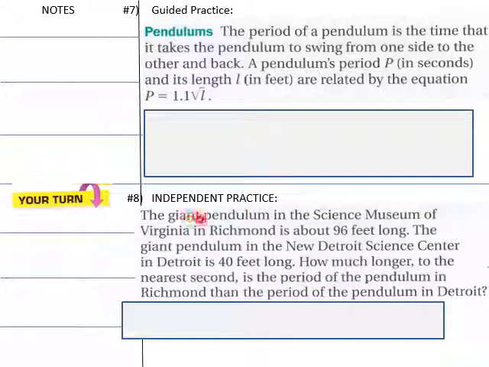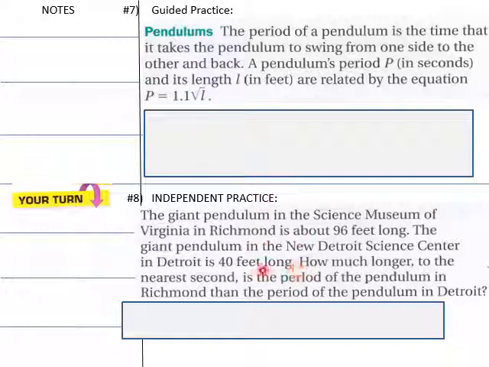The giant pendulum in the Science Museum of Virginia in Richmond is about 96 feet long, so there's our L. The giant pendulum in the new Detroit Science Center in Detroit is 40 feet long, so we have another L. We have two L's, 96 and 40.